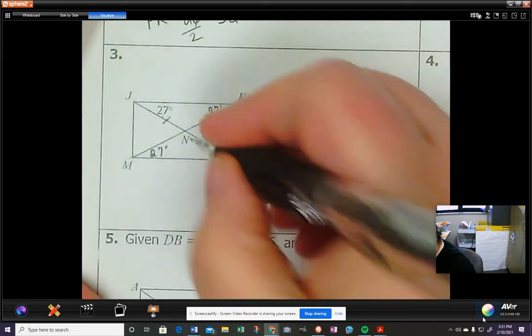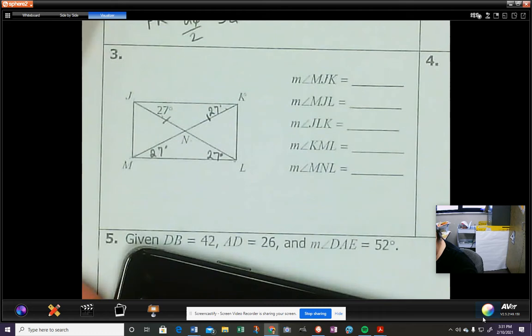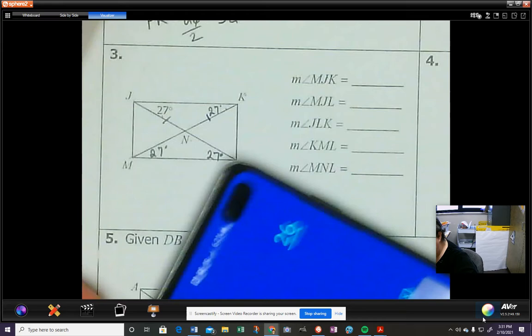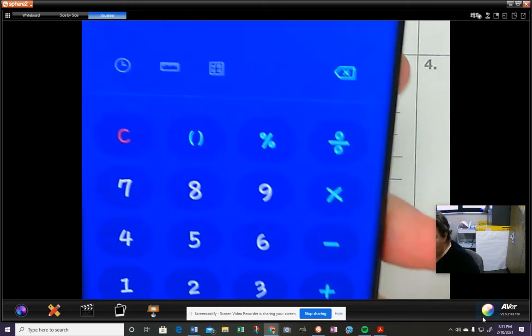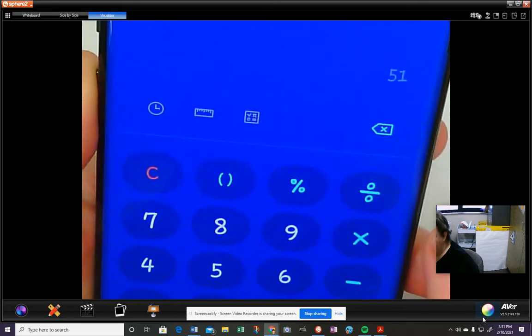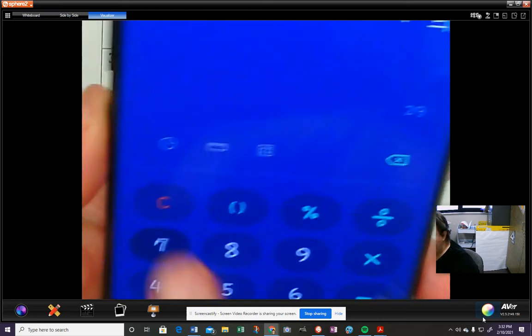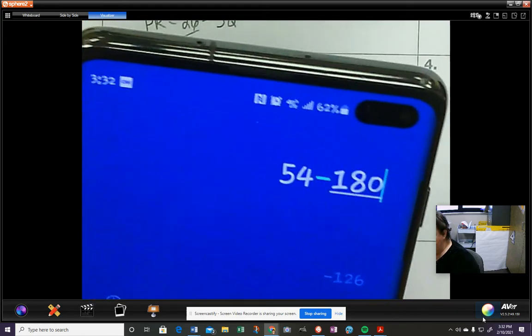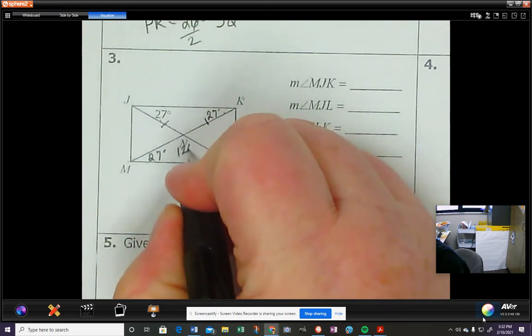I need to find N, so I'm going to take 27 plus 27. That equals 54. Subtract from 180, I get 126.